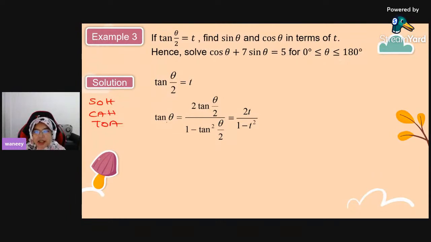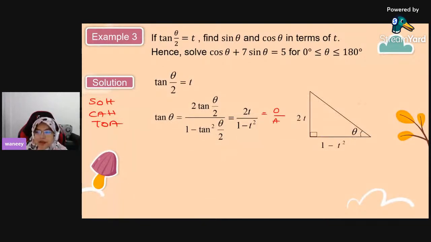So if tangent theta is equal to 2t over 1 minus t square, then the opposite is equal to 2t and the adjacent is equal to 1 minus t square. So we need to draw our right angle triangle and then try to get the cos and the sine.